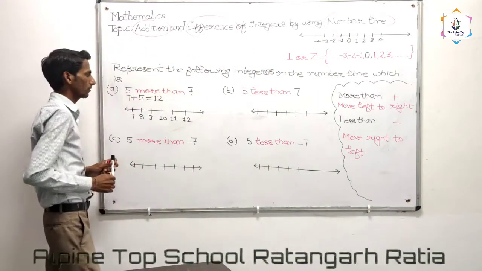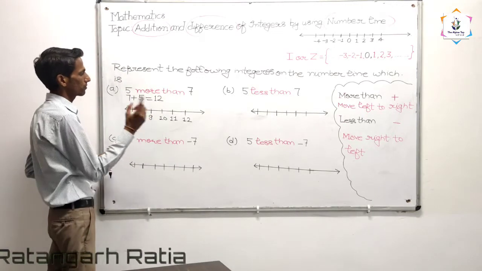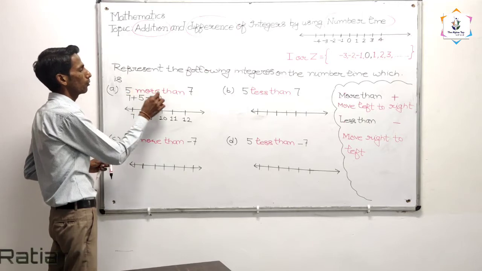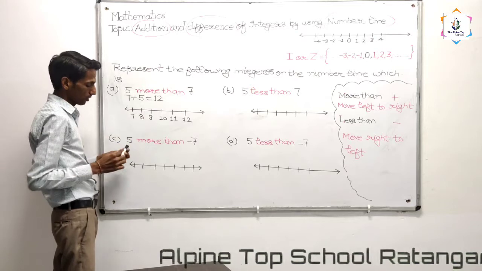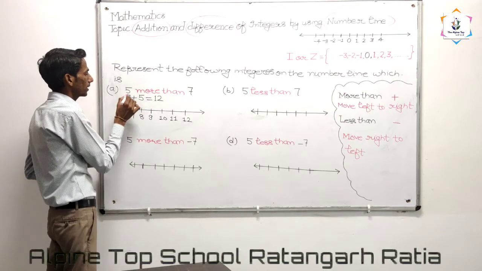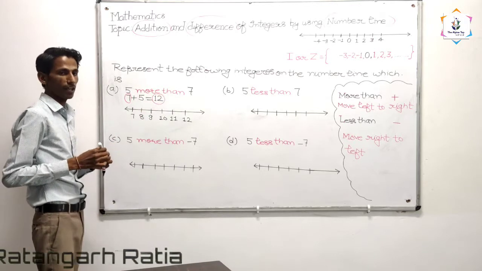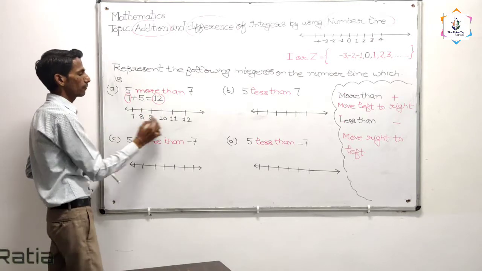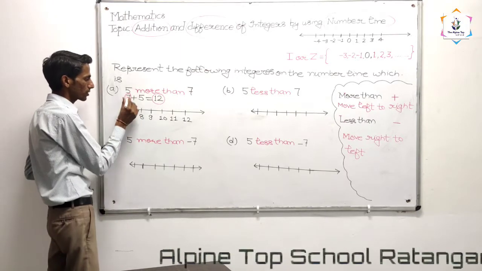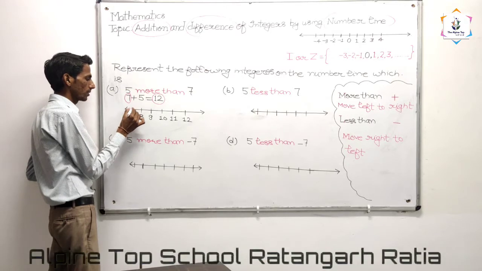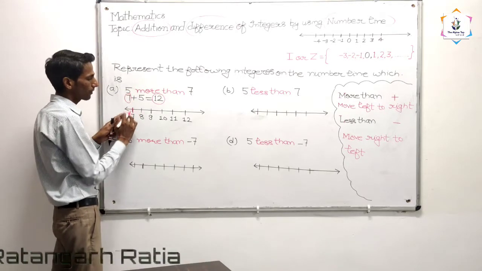Now here what we are observing, 7 plus 5, we are getting 12, because we need a number which is 5 more than 7. Obviously you have to add 5 to 7. The starting number is 7 and the result is 12. On the number line you have to represent 7 to 12. Just see the first number and stand at that place. There is 7. If the symbol is positive, you have to move from left to right.